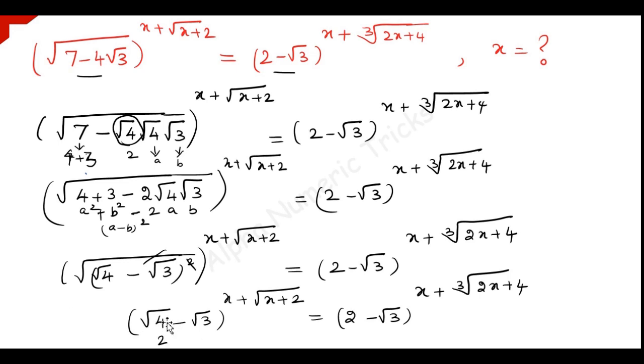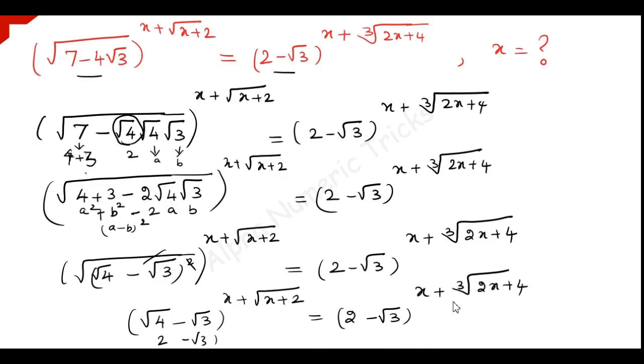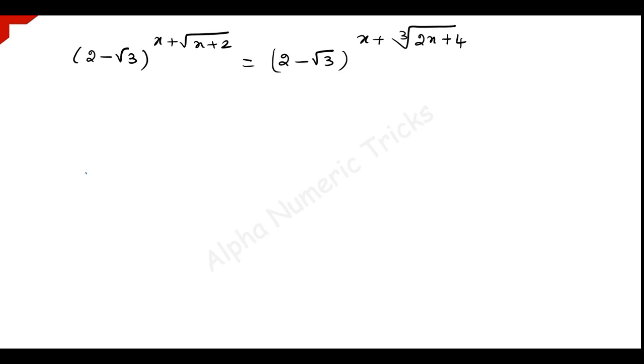Here also we have 2 minus root 3, the whole to the power, this time you have to write it, x plus square root of x plus 2, is equal to 2 minus square root of 3, the whole to the power, what is the power here? x plus cube root of 2x plus 4. Okay, this is our problem here, isn't it? Yes, x plus cube root of 2x plus 4. Now we get the base the same.